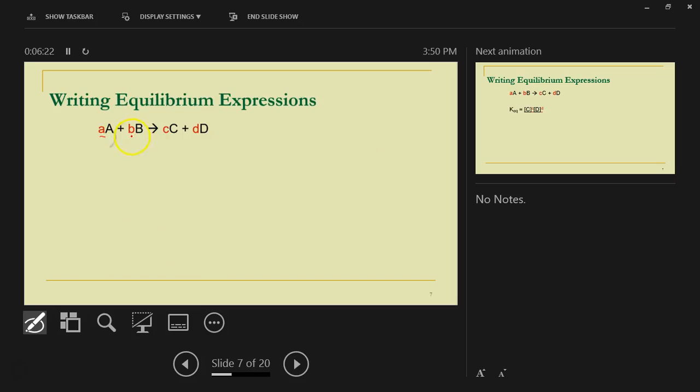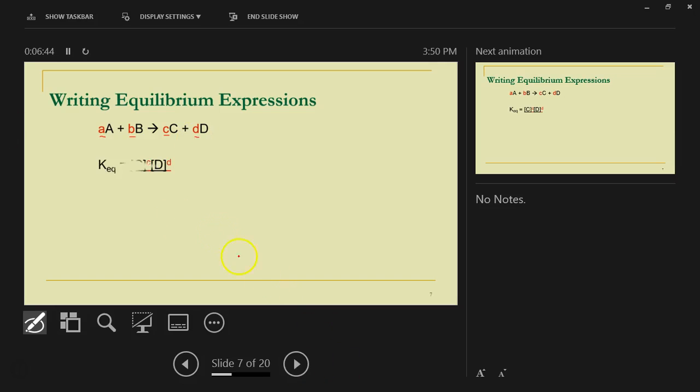That's what these red lowercase letters are representing here. So you have to have a balanced equation. Then remember, the equation is written as the concentration of your products raised to the power of your coefficients.